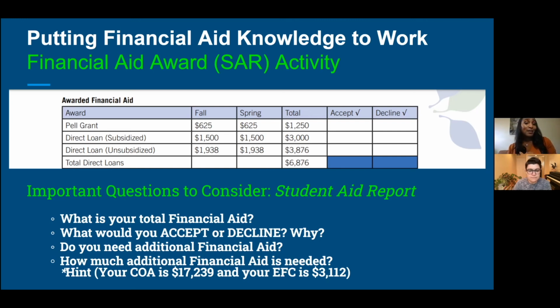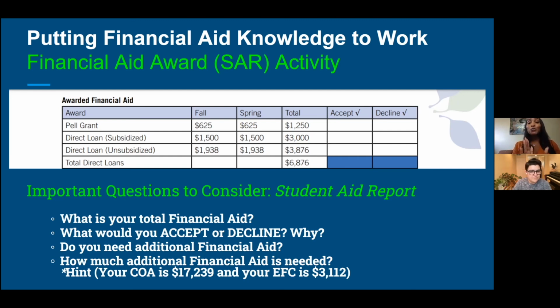You can take some of that work study money, or if you have a part-time job, you can use some of that money to start paying down the interest on your unsubsidized loan. That way it won't hit you as hard at the end of your academic career. So for this example, I'm going to accept everything. I have my plan together.